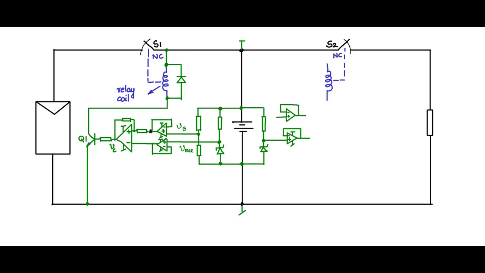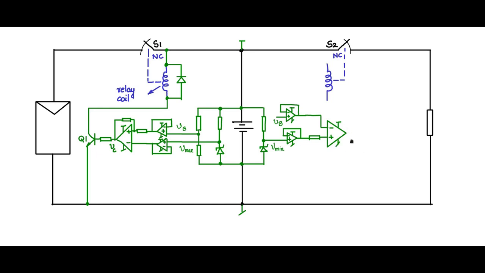I could always pick up VB from here, but anyway, I will use this VB, the buffered output. This is Vmin. To the output of Vmin, I connect a resistor, and these two I pass into a comparator. Vmin I give to the positive of the comparator, and to the minus of the comparator I give VB.